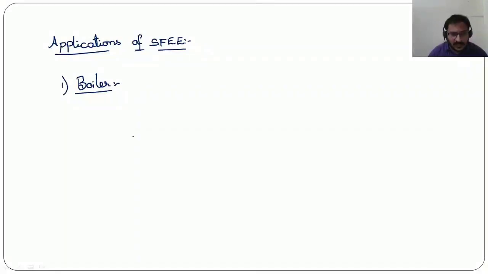So if we consider a boiler, so boiler is like this. Let us say certain amount of water is inside the boiler. Now initially this water possesses certain pressure P1, volume V1 and temperature T1.